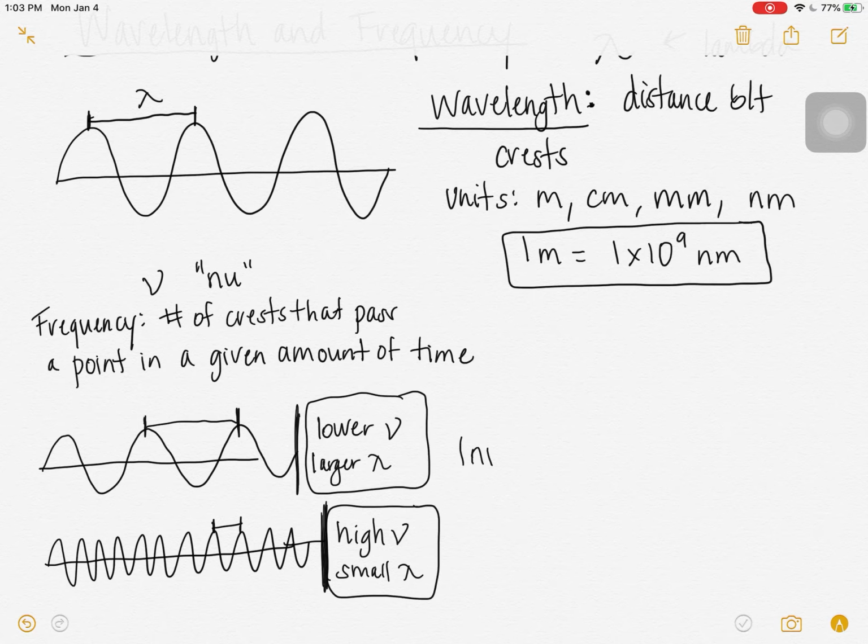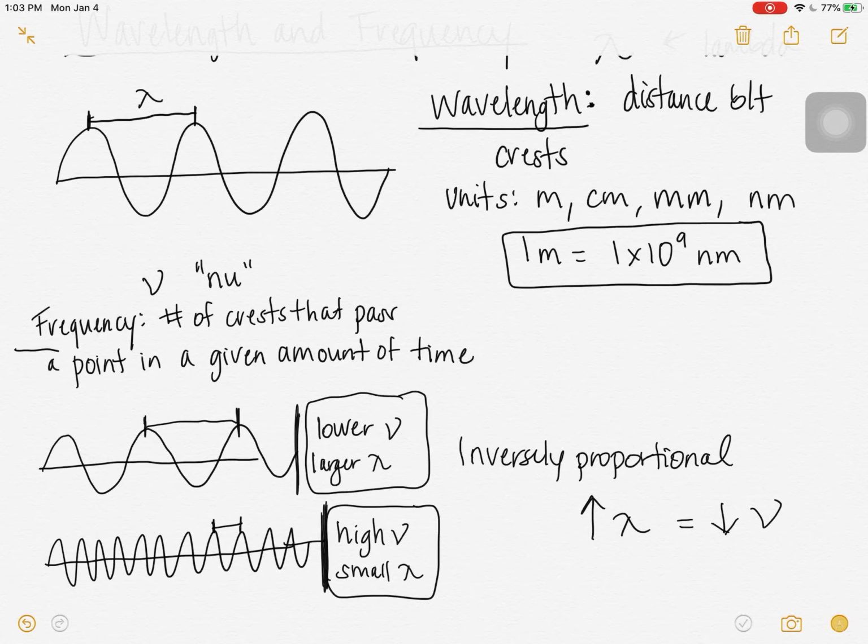That relationship is known as inversely proportional. What that basically means is as one variable gets bigger, the other one gets smaller. So you'll see me do this shorthand: if I have a big wavelength, then I'm going to have a smaller frequency. And I could also flip that around, vice versa.